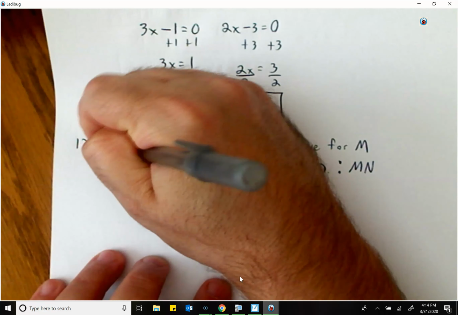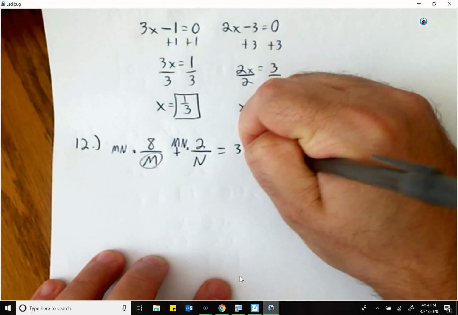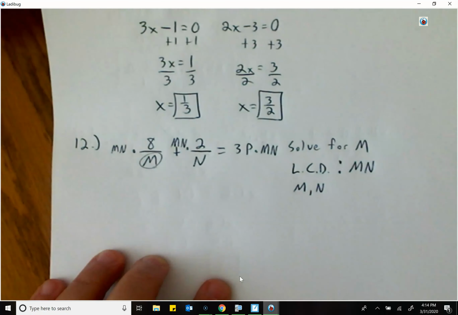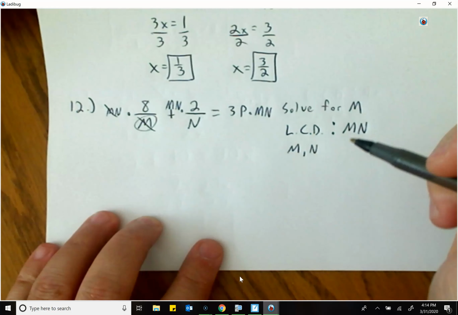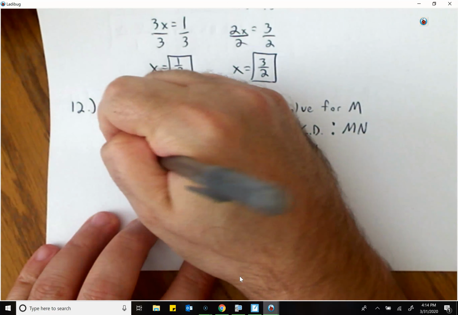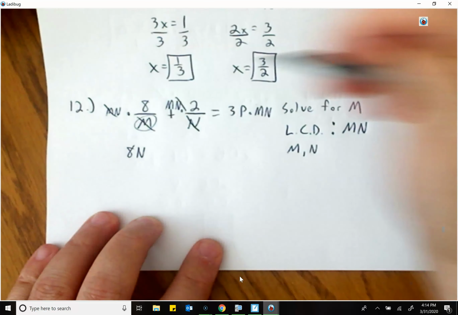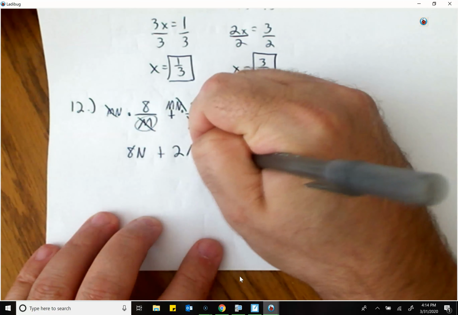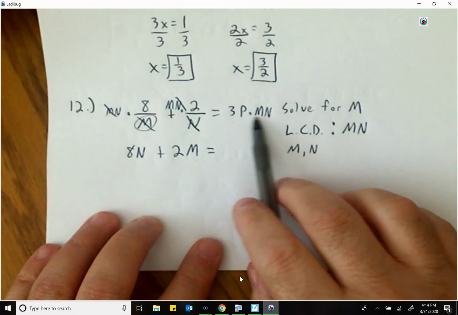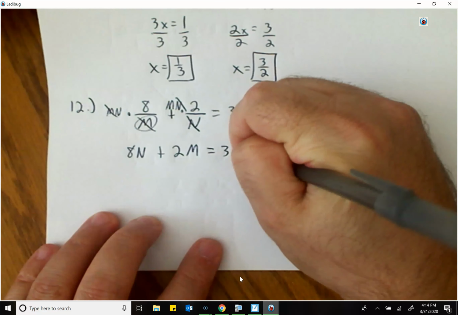So what's going to happen? M cancels out, and that gives us 8n. The n cancels out, and that gives us plus 2m. And then over here, all these just multiply together, so that gives us 3pmn.